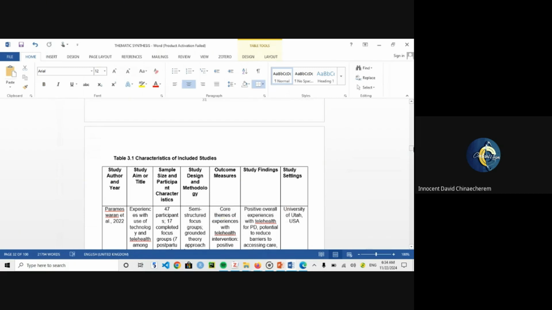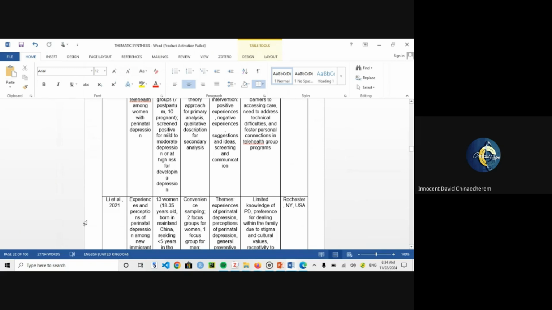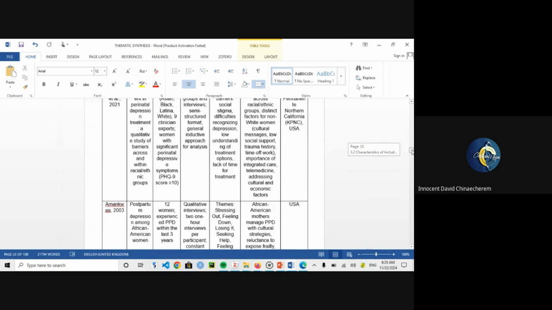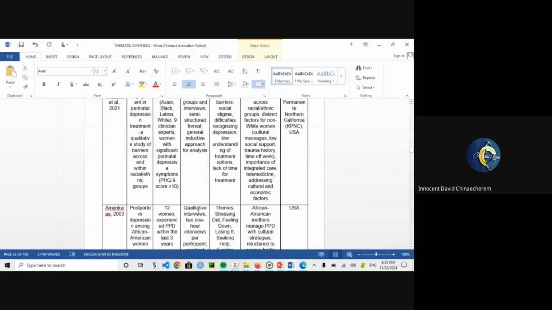This is a qualitative approach. Look at the second study here, convenience sampling, and all that. Experiences also is a qualitative design. And look at the third one by Iturado et al., focus group discussion, an inductive approach, a qualitative design as well. And look at the last one by Amankwa, qualitative interviews, which is also a qualitative design.